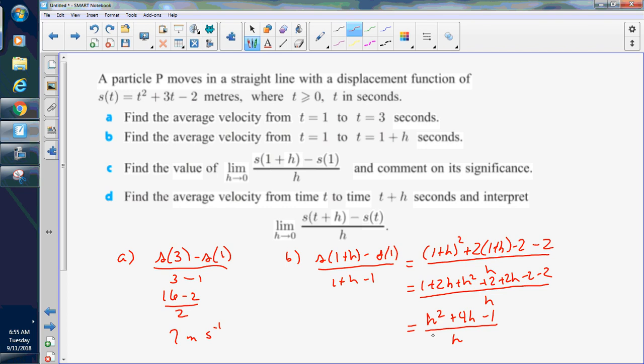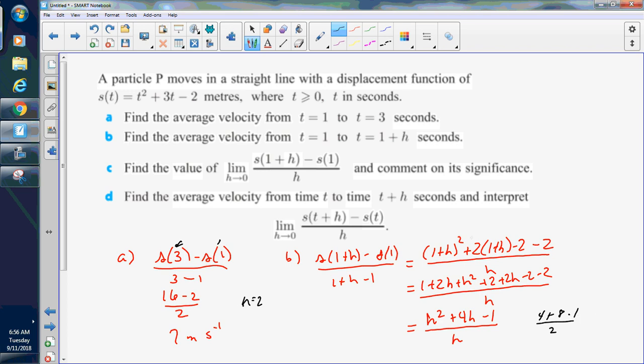So on the previous one, h was 2 because we went 2 bigger to get from 1 to 3. So if we plug 2 in here, we would have 4 plus h minus 1 over 2, and it should give us 7, but something's not working here.